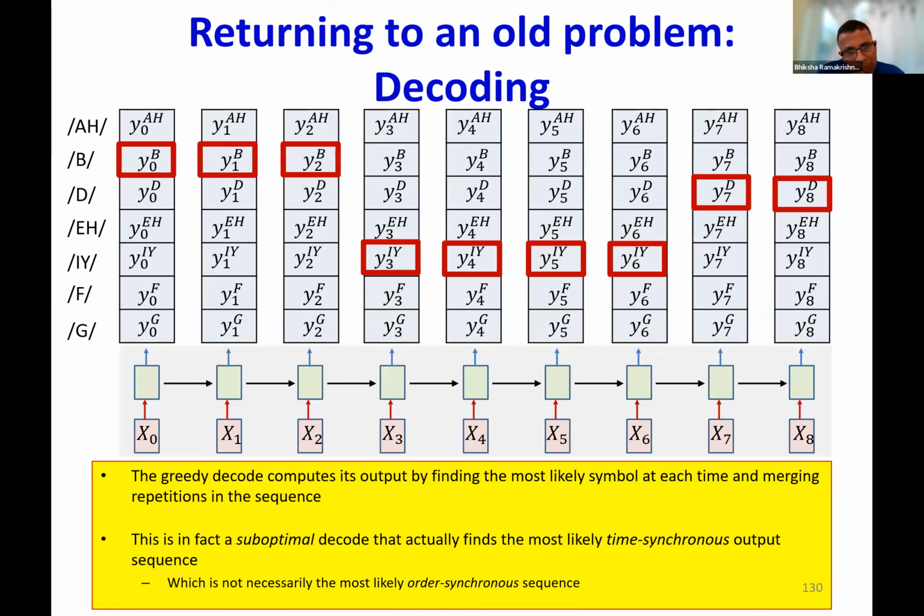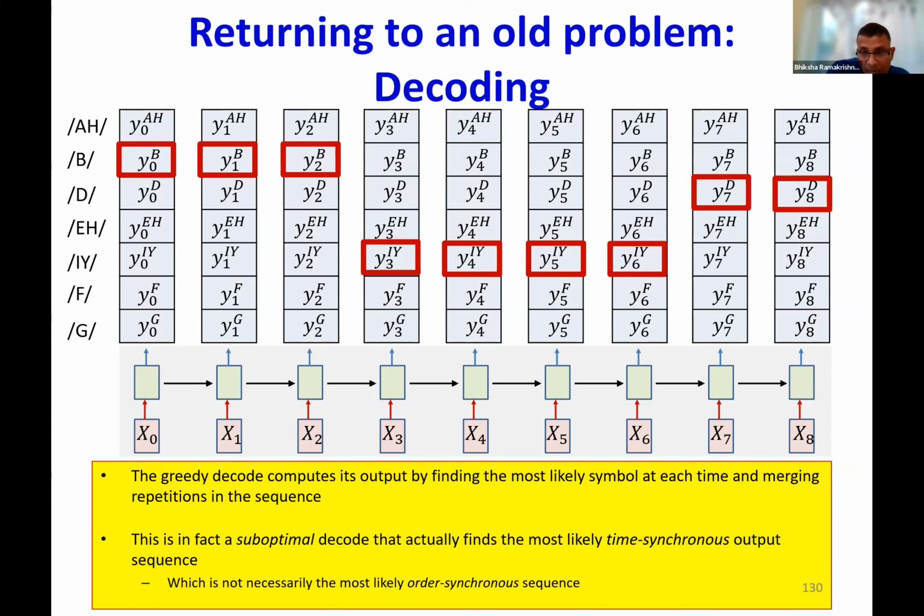When we didn't have a blank, if we just pick the most probable symbol at each time, we had an issue which said we couldn't make out whether there were repetitions or not. But then there's something more. When I'm performing inference, if I simply pick the most probable symbol at each time and then compress this sequence, is this finding the most likely time synchronous sequence, or is it finding the most likely compressed sequence?